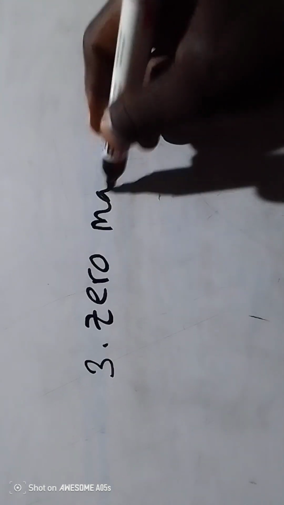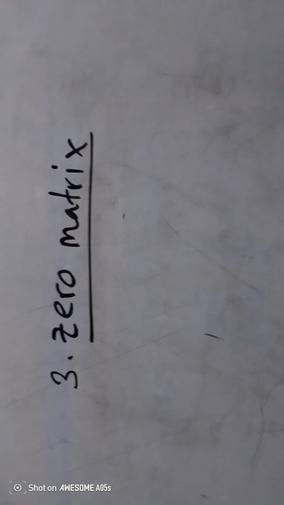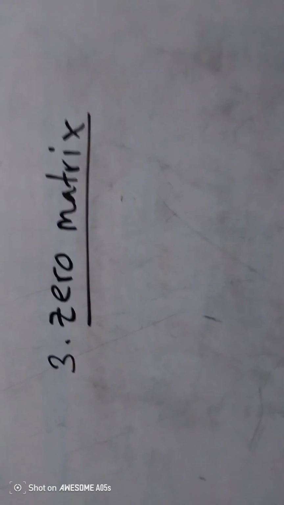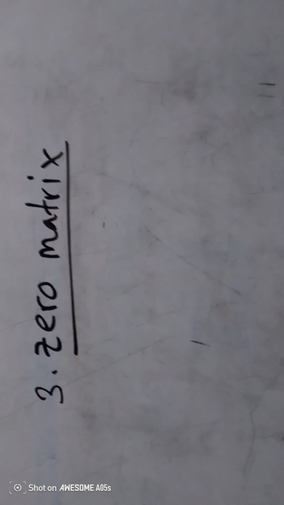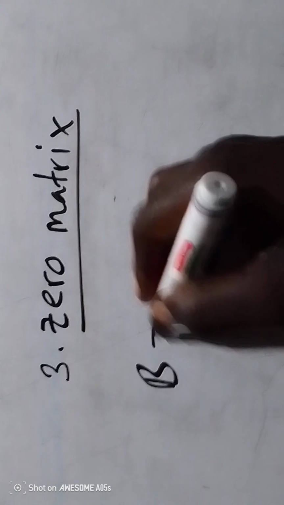The next type of matrix that we're going to look at, which is number 3, is called a zero matrix. As it sounds, a zero matrix is a matrix having only zeros inside. All the elements are zeros, then that is a zero matrix. You can give any example of your choice.